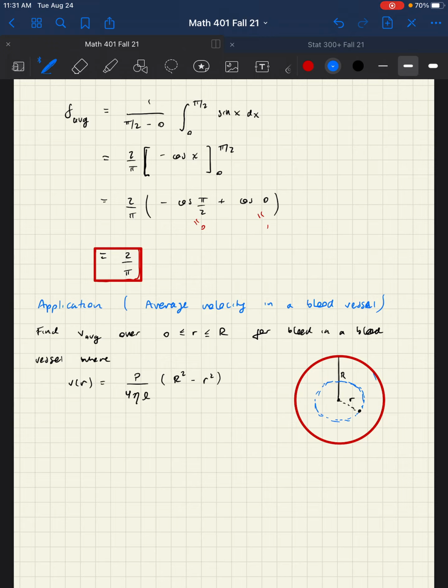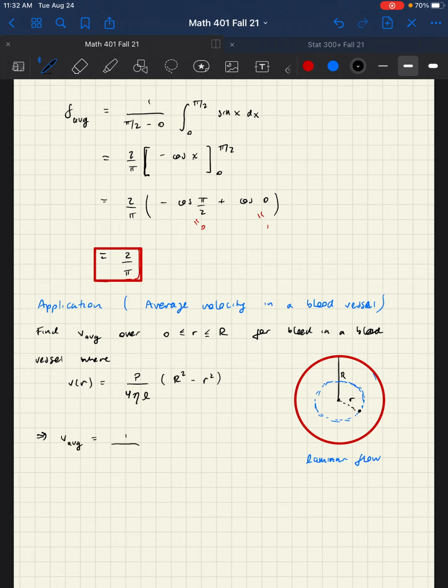And what we saw experimentally is that as you got closer to the blood vessel wall, it slows down due to a phenomenon of laminar flow. So if you're curious, laminar flow.